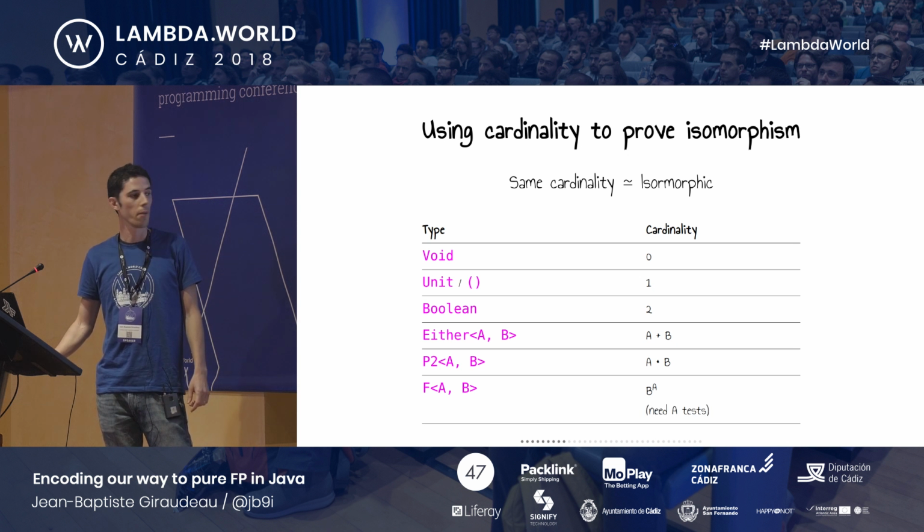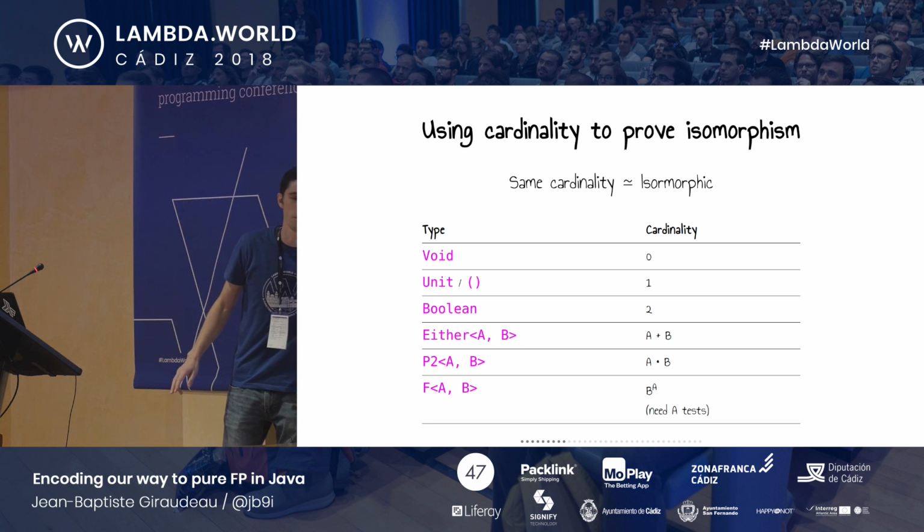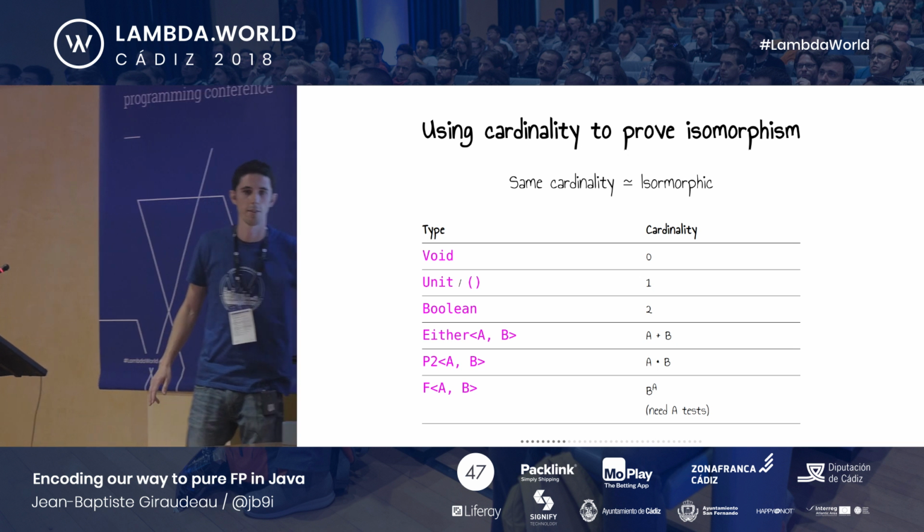B to the A, which means that you need that many tests to be sure that you have the correct implementation for a given signature. So that's a lot. If it's an integer, you are not going to write all the tests.